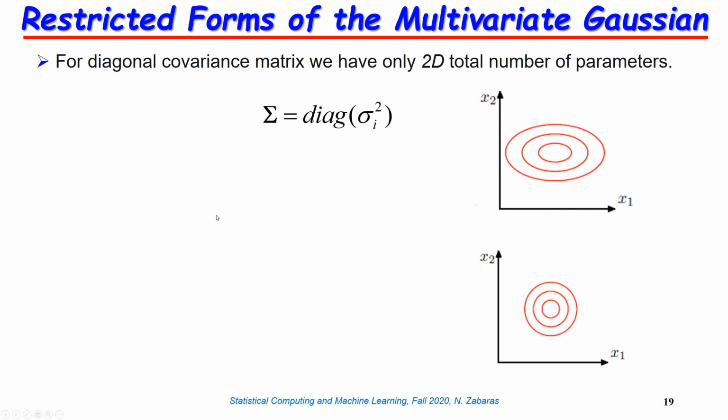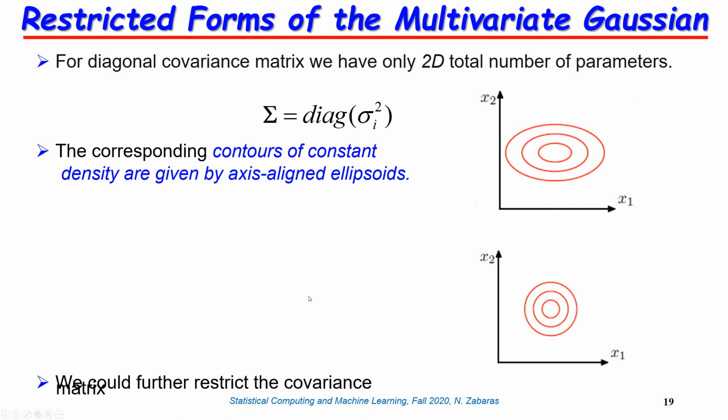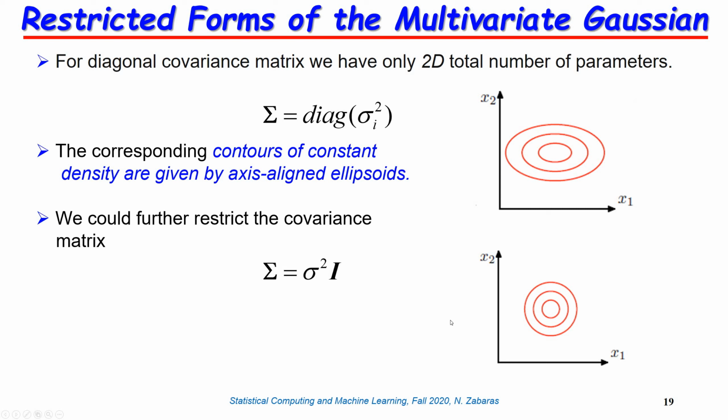And then you can even restrict further the multivariate Gaussian. You can make sigma a diagonal matrix with the same value sigma squared everywhere. And in this case, of course, the equal probability contours become circles in 2 dimensions or spheres in d dimensions.